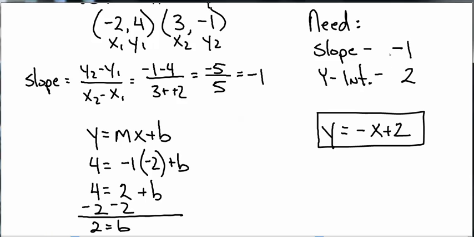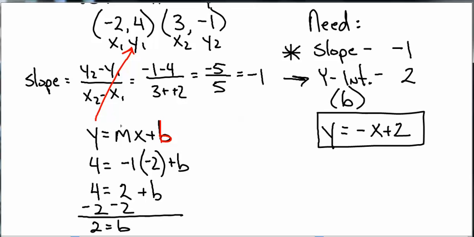Okay. If you get the slope, which you have 2 points and they ask you to find the slope, let's plug it into the formula. After you get the slope and you've got this, the next thing you need is the y-intercept, or the b. And the b is right here. So if you've got a y, that would come from here.